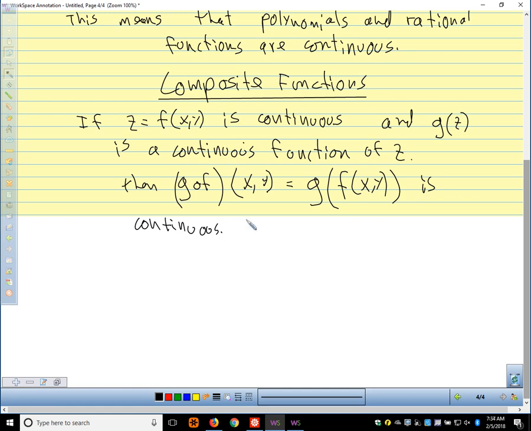And the limit as (x, y) approaches (x0, y0) of g(f(x, y)) is g(f(x0, y0)).